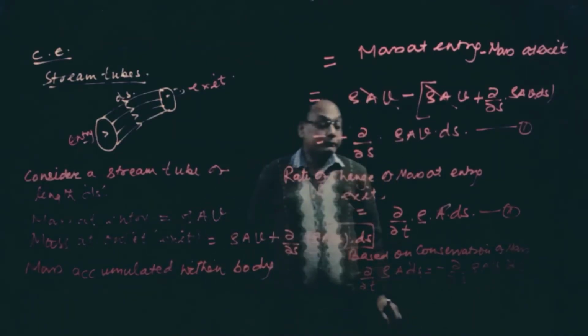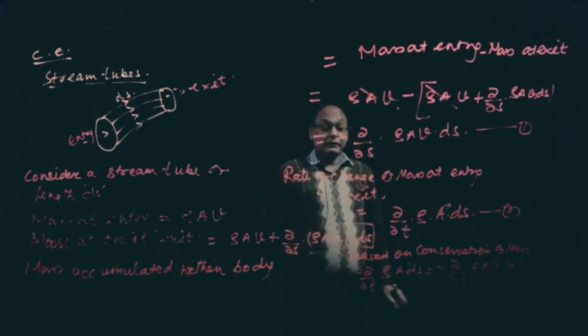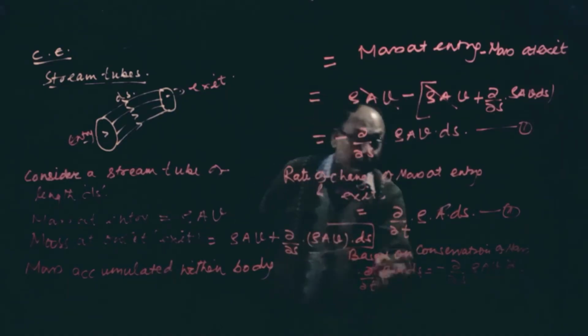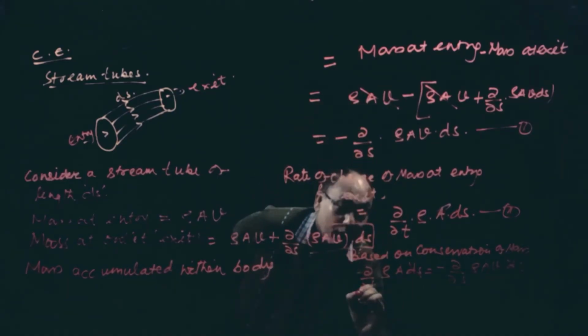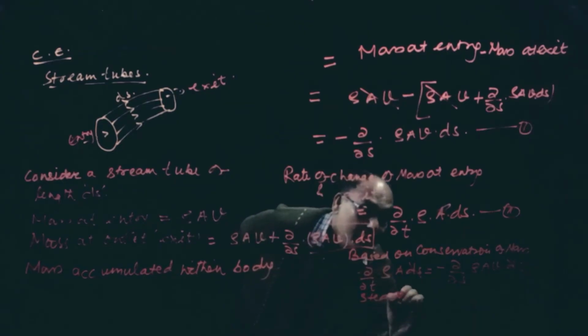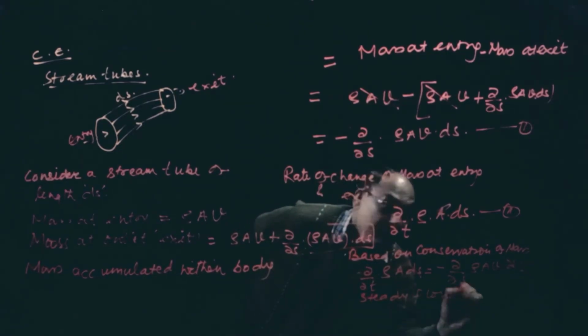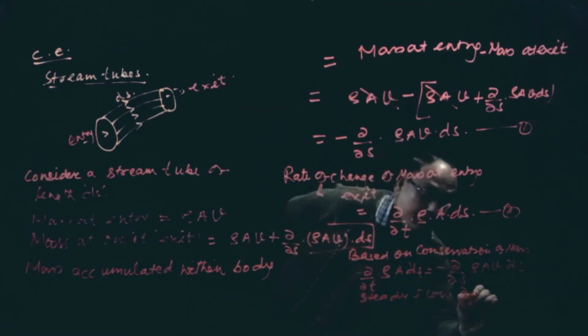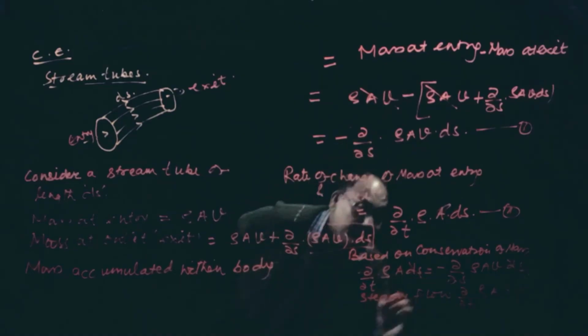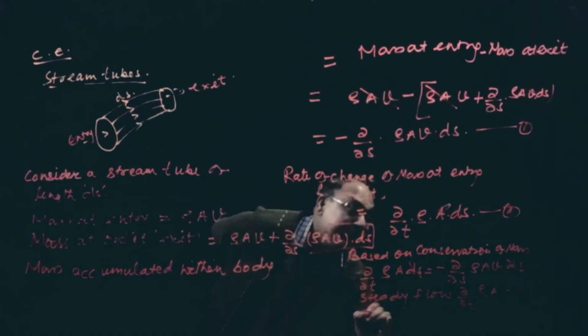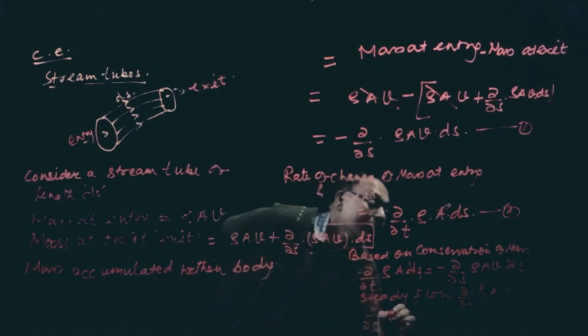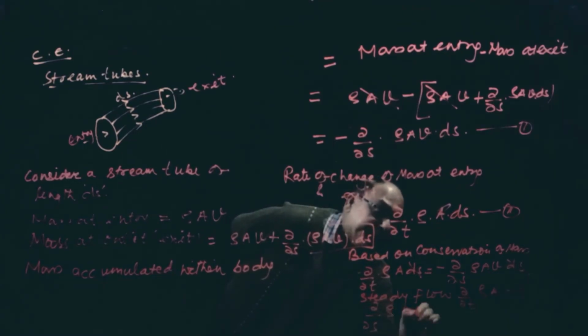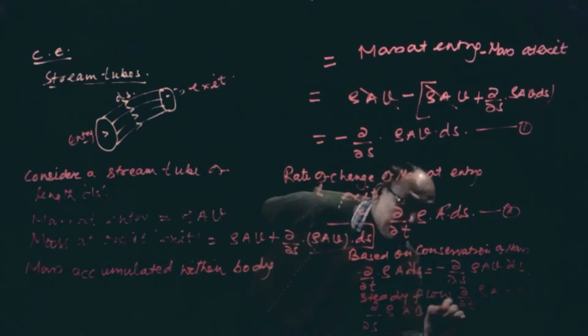Now see here, for steady flow, the term d by dt into rho a is equal to 0. So what we will get? d by ds into rho a b is equal to 0.